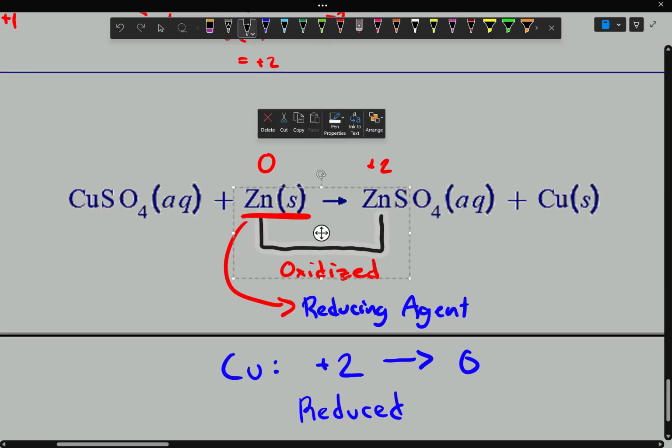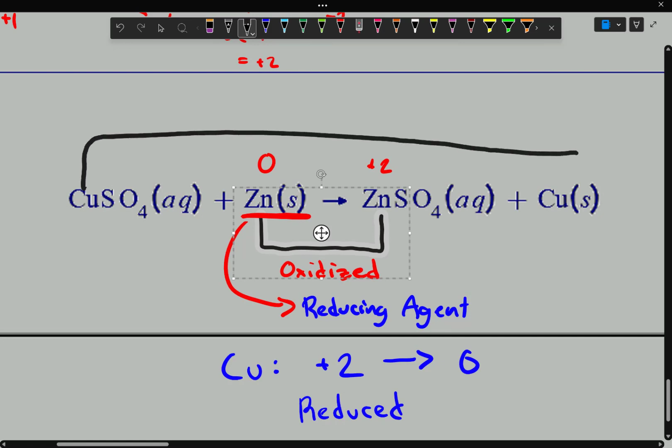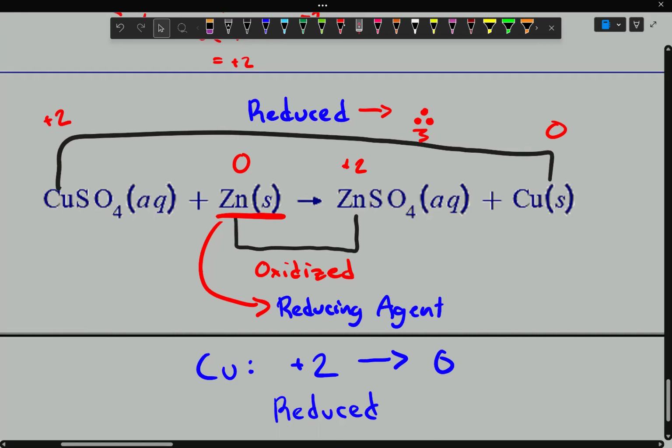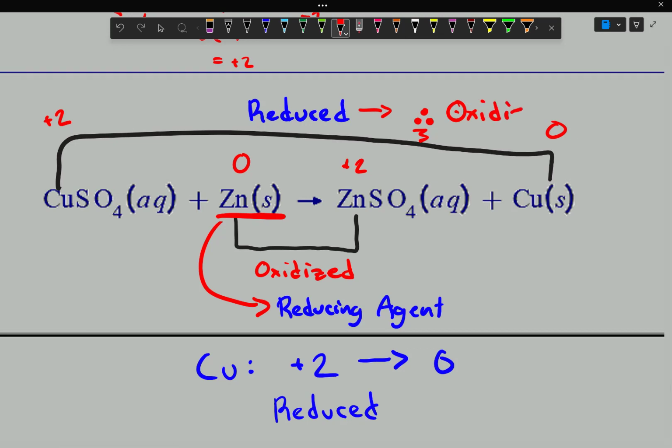On the other hand, we have copper going from a charge of +2 to a charge of 0. That means it is being reduced. Therefore, that's a symbol for therefore, by the way. Therefore, it is our oxidizing agent.